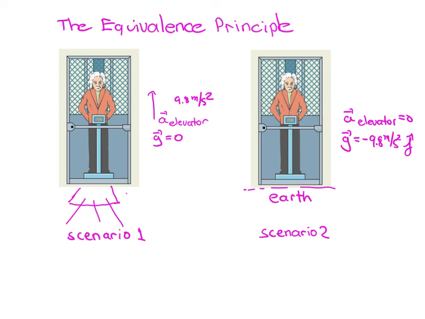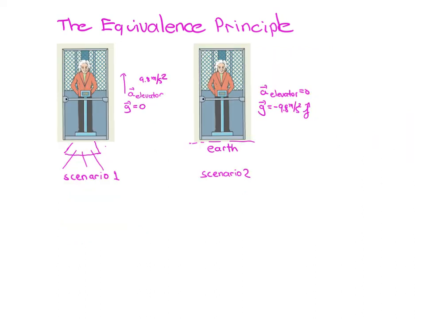So that was a consequence. The equivalence principle is really the starting point for Einstein's theory of general relativity. And one of the predictions of the theory is that when light travels in a strong gravitational field, it will bend. That was a revolutionary concept at the time, and it led to an exciting situation.